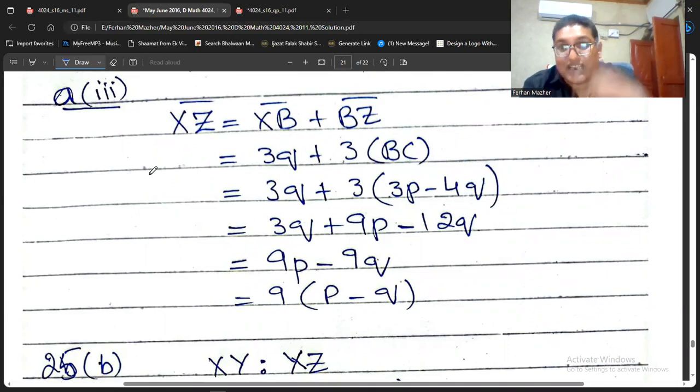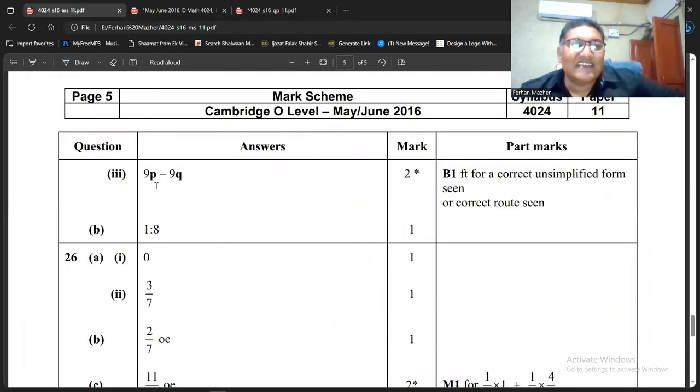If you look at the marked ratio there, and you have a hard copy, you can write that. BZ is 3 times BC. So 3Q plus 3 times BC, which was 3P minus 4Q. So 3Q plus 9P minus 12Q becomes 9P minus 9Q. Take 9 common, so you have 9 bracket P minus Q bracket close. So that's the XZ.